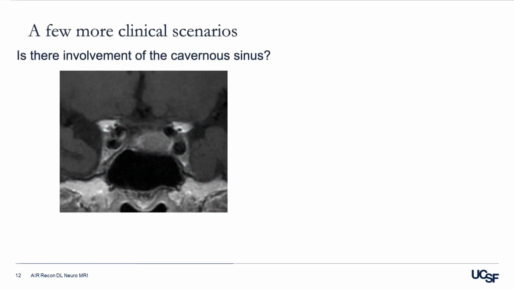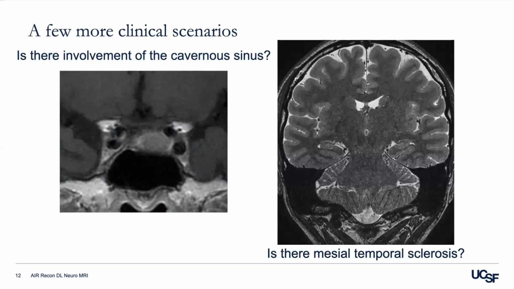And again, we'll come back to this theme of clinical scenarios. One such clinical scenario that we're often faced with is we're asked by surgeons whether or not there's involvement of the cavernous sinus in pituitary lesions. That comes up. And then we're definitely asked by both surgeons and neurologists to evaluate for mesial temporal sclerosis.